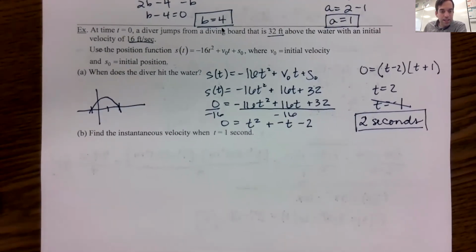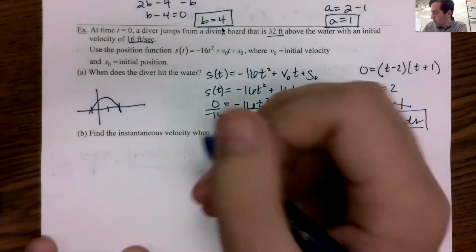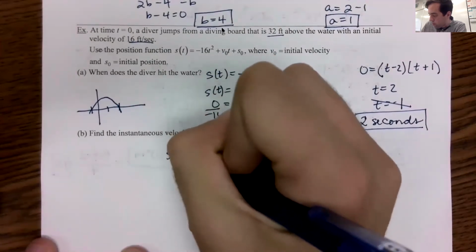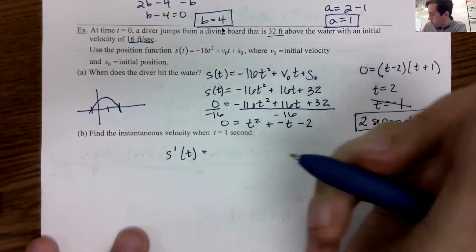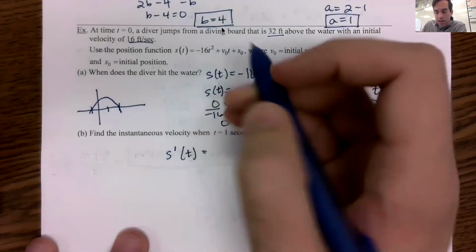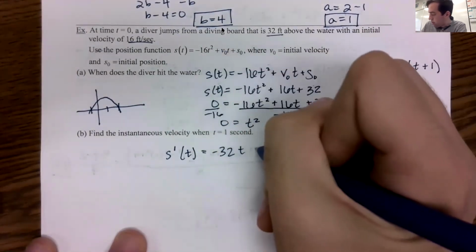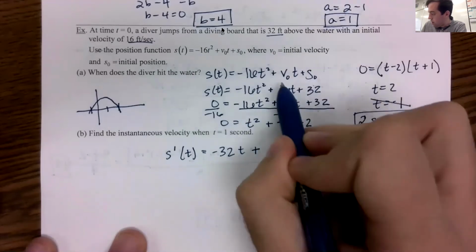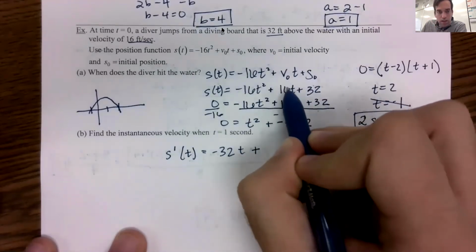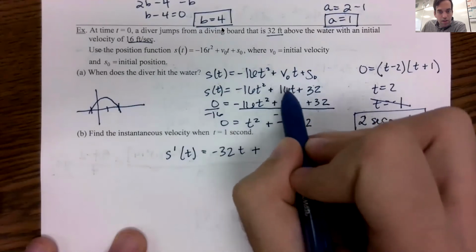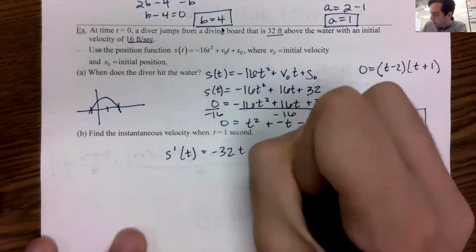B, find the instantaneous velocity when t equals 1 second. Okay, so let's see. To find the instantaneous velocity, since we have a position function, we can take the first derivative. So it's going to be negative 16 times 2, which is negative 32t, plus, and if we think about what we already plugged in, because we're looking at the same scenario here, 16t, the derivative is going to be 16.